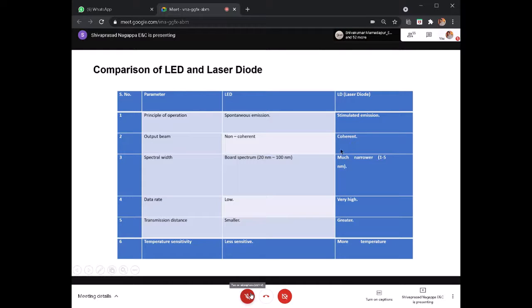But here it will be coherent, that means the phase difference will be constant. The spectral width, as you all know, of the LED has a broad spectrum. Here it is very much narrower.